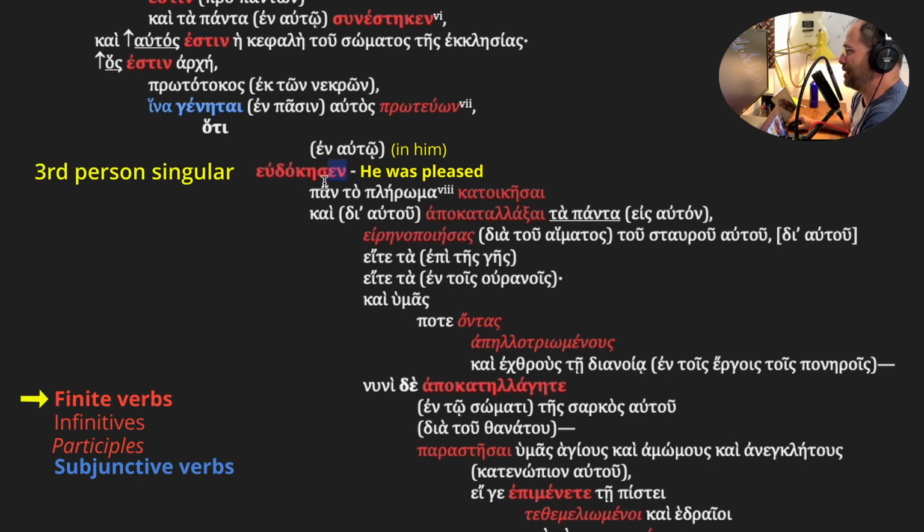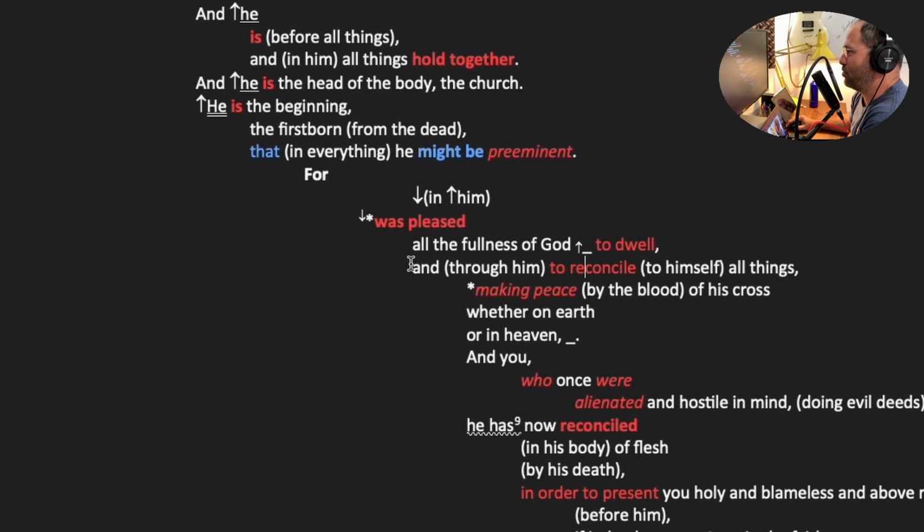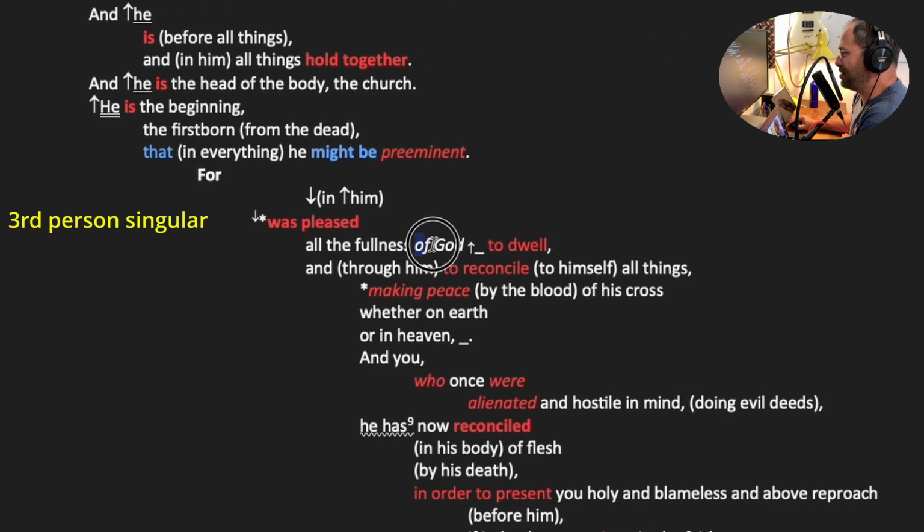So in him he was pleased, all the fullness to dwell. Now the reason why I put this like this, we've got a problem here, because in one sense this is not in the original. So I'm going to put that in italics, just so we can see that this has been implied in the translation. All the fullness to dwell. In him was pleased all the fullness to dwell.